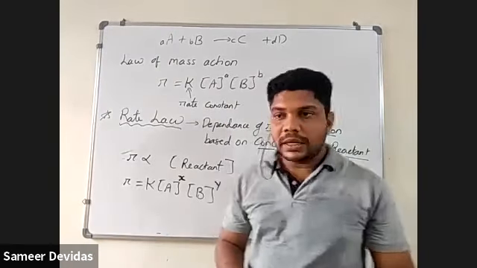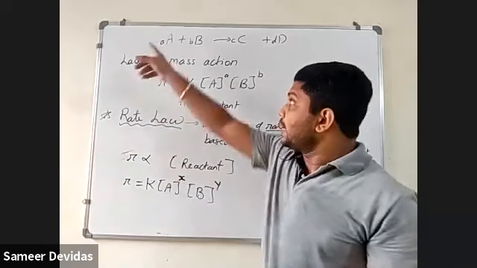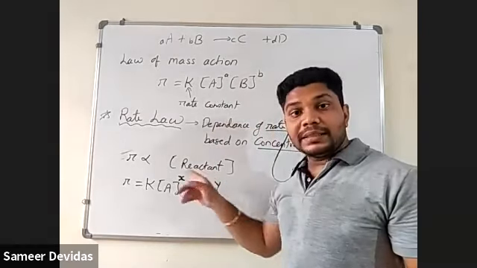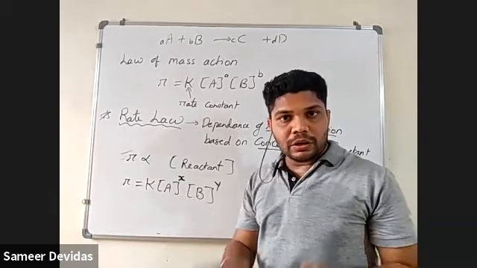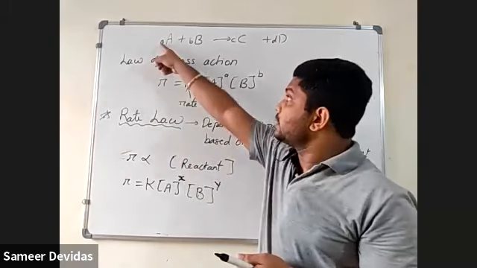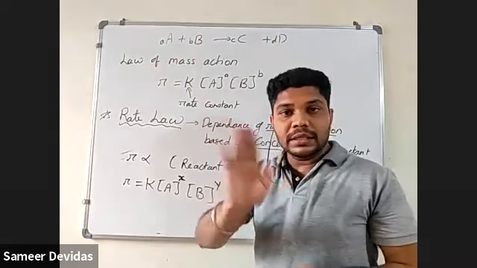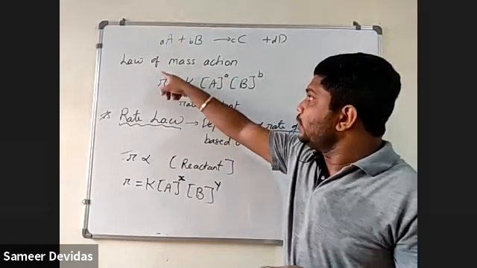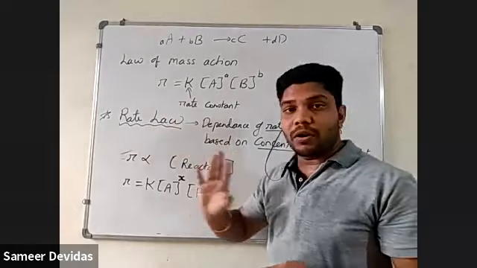This X and Y will not be given anywhere, and directly in the reaction they will not mention it. You will get X and Y experimentally, not theoretically. You cannot read them from the stoichiometry. Only in the law of mass action can you use it like this, but not in a rate law.